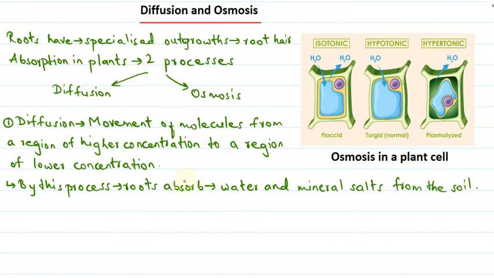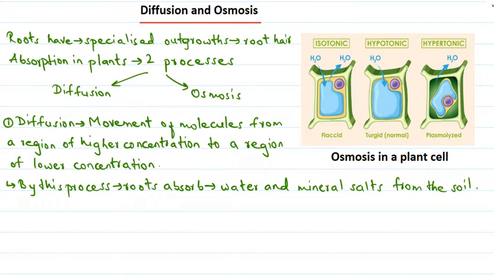This process of diffusion takes place, and the roots absorb water and minerals from the soil, only when the concentration of ions in soil is greater than that in root hair cells.